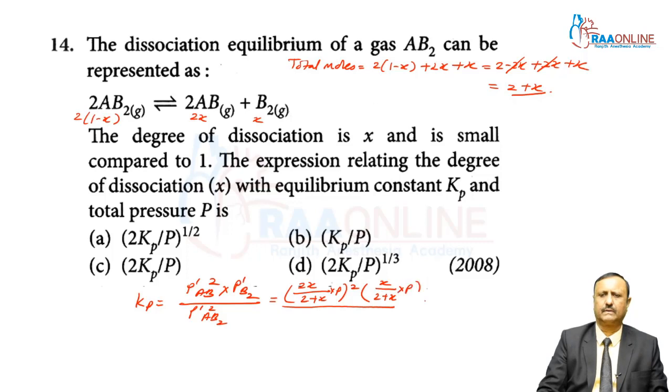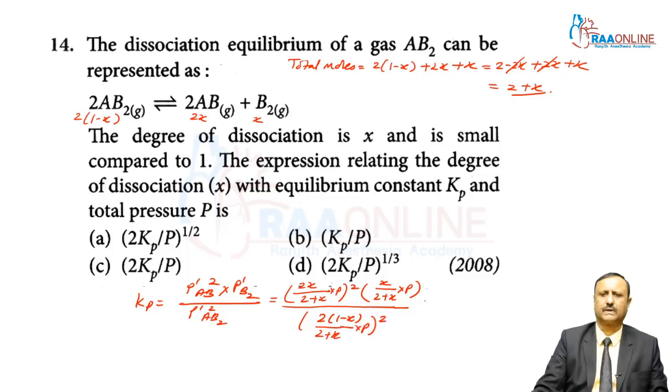Here they want the derivation. You derive this equation. AB2, my dear students, what is the AB2? AB2 is 2 into (1 minus x), you can put here upon 2 plus x into P, whole squared.